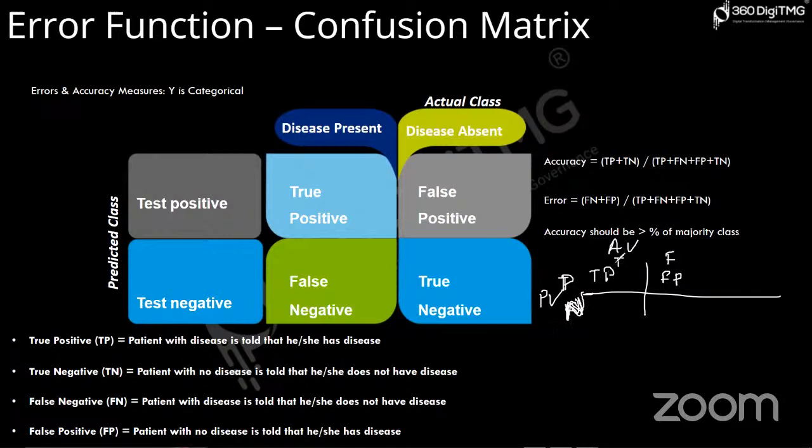Actual value true and predicted value positive is true positive. Actual value false and predicted value positive is known as false positive. Similarly, when actual value is true but predicted value is negative, it is known as false negative. And when both are false or negative, it is known as true negative.